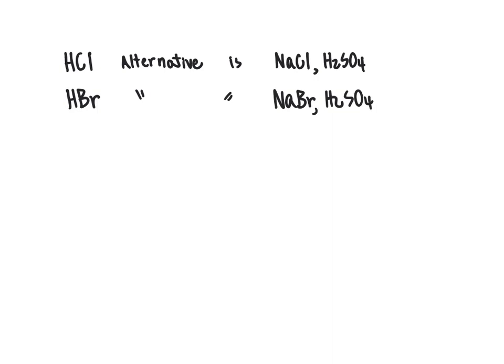And hopefully at this point, if you were to come across sodium chloride and sulfuric acid, you would be able to limp your way through the mechanism, even if you didn't know exactly what was going on, because you would know that you needed to use that sulfuric acid to protonate the alcohol, and that chloride could certainly act as your nucleophile. So do keep those alternatives to HCl and HBr in mind for doing these nucleophilic substitution reactions.